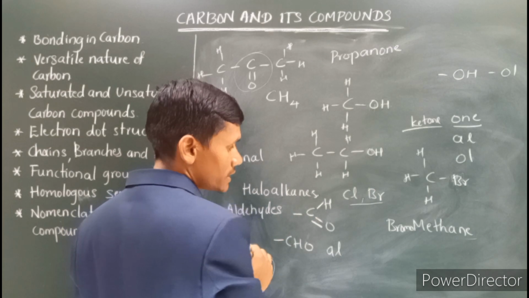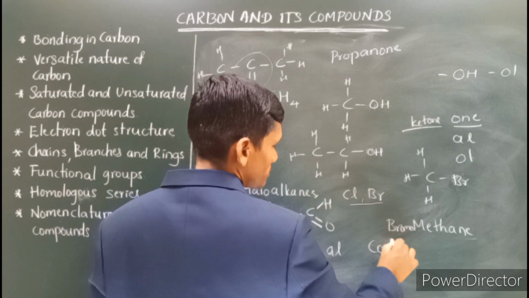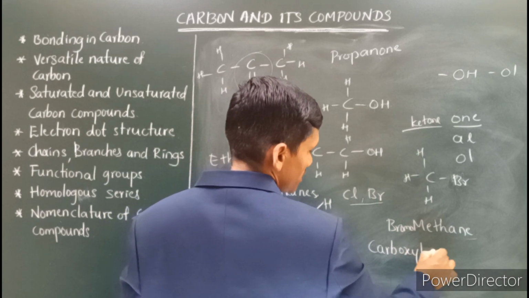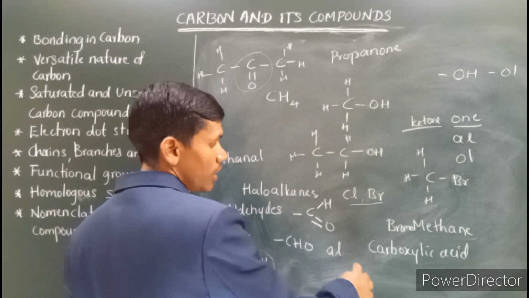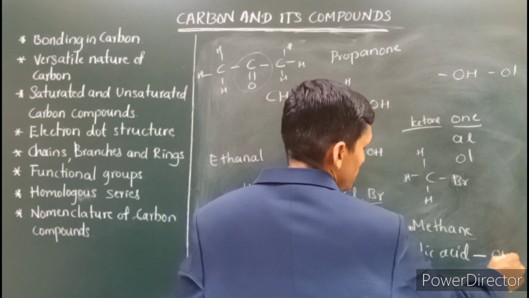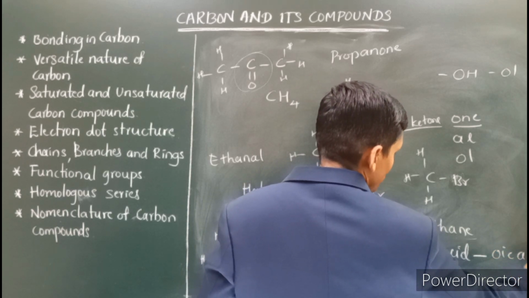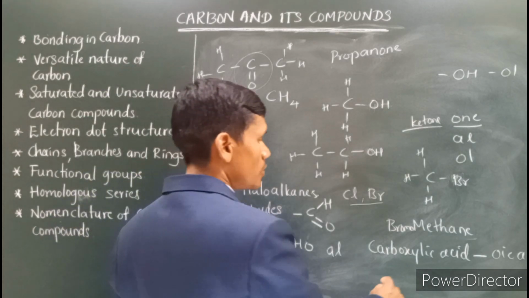Next, one more functional group is there, that is called the carboxylic acid group. Carboxylic acid group is a functional group. If it is carboxylic acid, then it will be just oic acid. Oic acid we write for this. Carboxylic acid means how will it be?